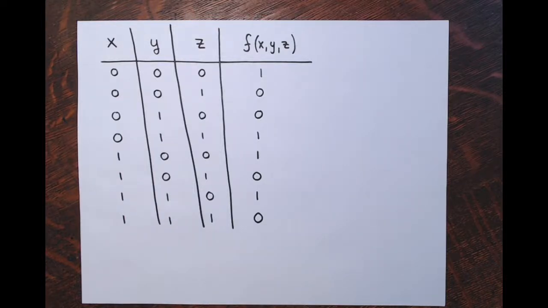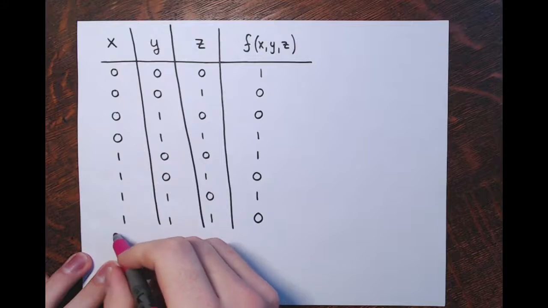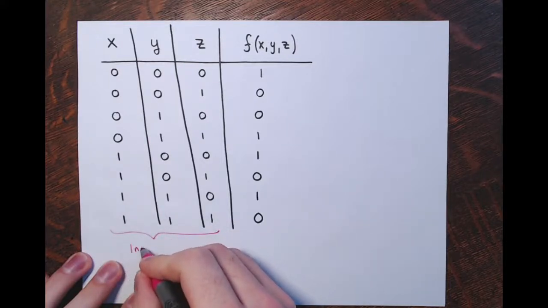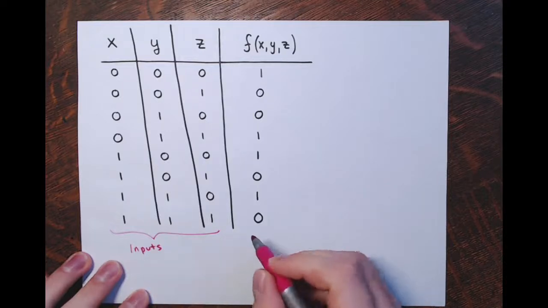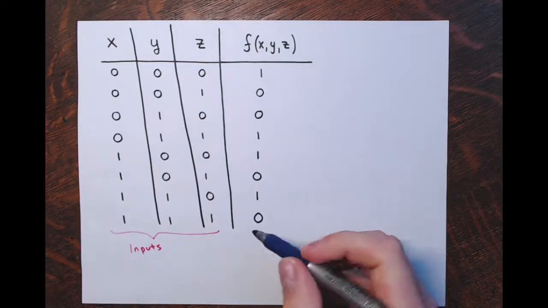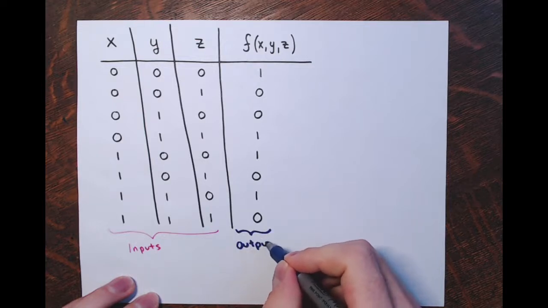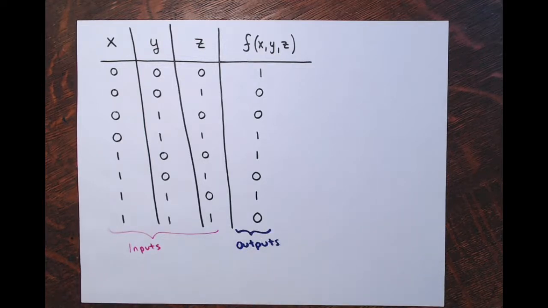We have, again, 3 input variables, x, y, and z. So you see the 8 rows, the 8 possible inputs. These first 3 columns give me all the inputs of this function, and this last column is the column of outputs.